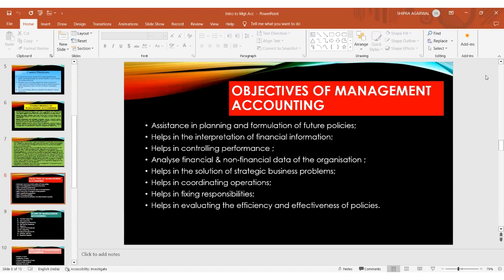Now, moving on to the objectives of management accounting. As far as the objectives are concerned, that means what basically are we trying to achieve with the help of management accounting. First is assistance in planning and formulation of future policies. As I told you, it helps in planning, right? So if management accounting is not there, then we will not get the required information. If we do not get the required information, we will not be able to take the decisions, because future decisions are not taken randomly.